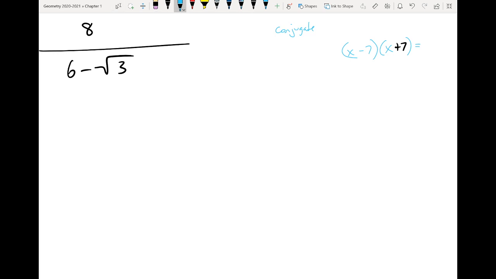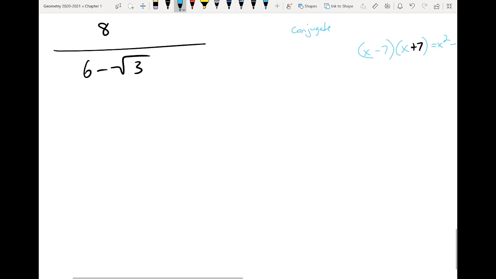But we're not going to have that here. Watch what happens. We have x squared, and we'll have a plus 7x, and we'll have a minus 7x. Those guys are going to cancel each other. All we really have to do when we multiply a difference of 2 squares is multiply the first terms and then multiply the last terms. So I only have 2 terms, not 3. That's the idea we're going to use with the conjugate.